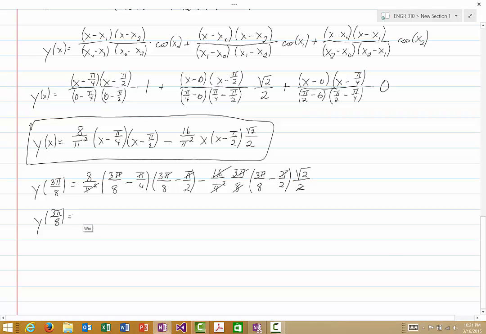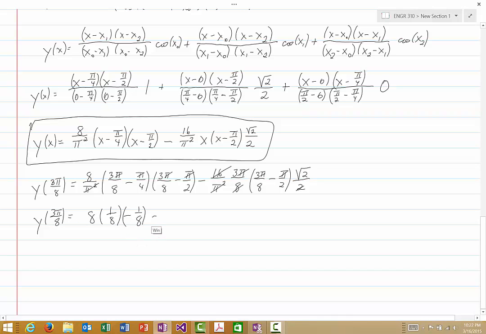We will have 8 times 3/8 minus 1/4, which is the same thing as 3/8 minus 2/8. So we'll be left with 1/8 there. And 3/8 in the second term, 3/8 minus 1/2 is the same as 3/8 minus 4/8. So we have minus 1/8.